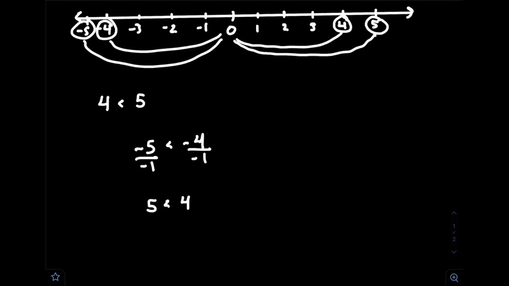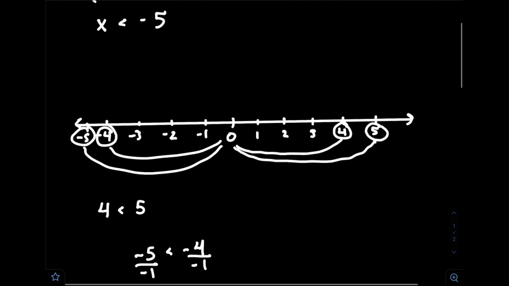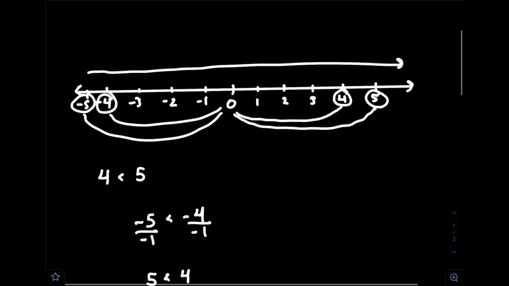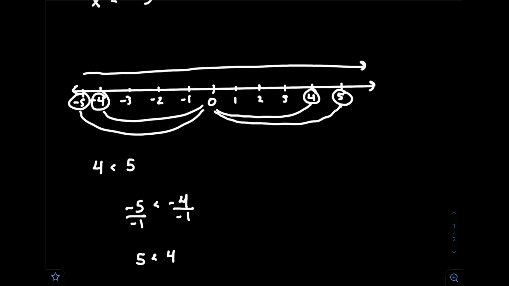And for positive numbers, the same thing, but in reverse. So if the number is closer to 0, it's less than the number that's further away from 0. And that's all because when you're counting from left to right, you're ultimately getting bigger. Anyways, I hope that video explains why you have to flip the sign when multiplying or dividing by a negative.